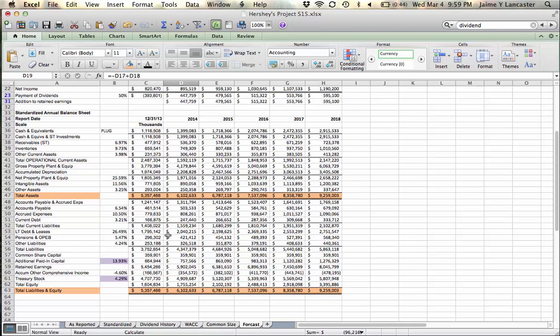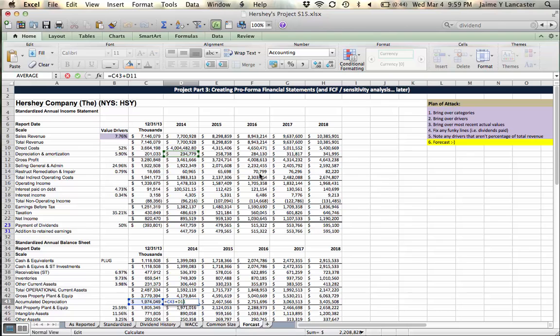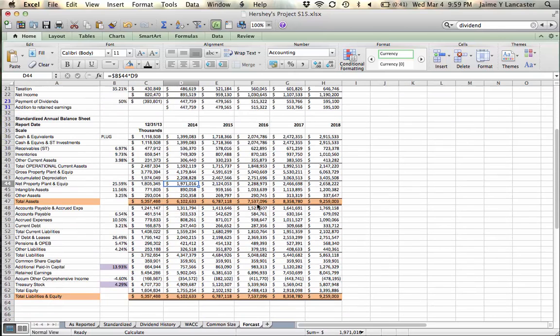I also like to look at retained earnings to make sure that it's the previous balance plus this year's addition. And similarly, I like to check out gross plant, property, and equipment to make sure that these three things are handled correctly. Accumulated depreciation is the previous year's balance plus this year's addition. I'll also check to make sure the balance sheet balances.